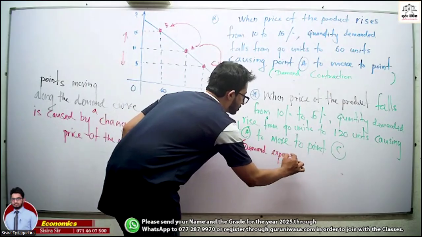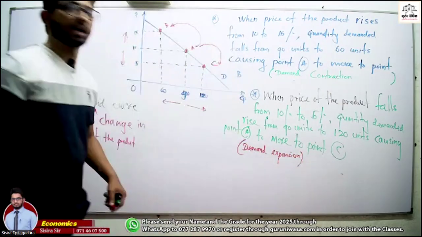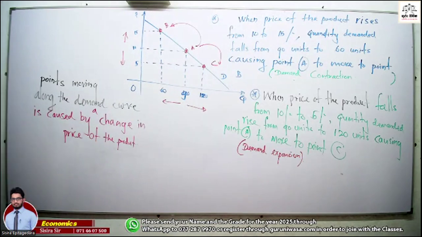Contraction and expansion. What does contraction mean? Reduces. Very good. Expansion? Increases. Good. Remember these two words, expansion in demand and contraction in demand, which are caused by the price of the product.